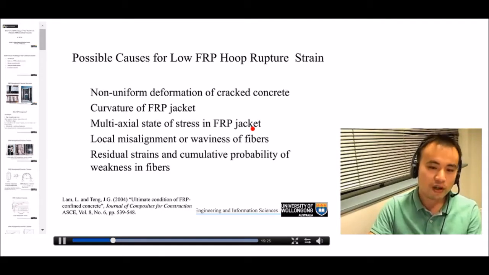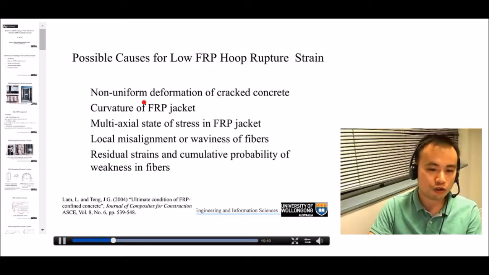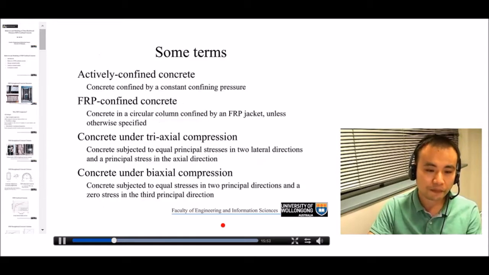We know that in the material test, FRP is under one-dimensional loading only, but in an FRP-confined concrete column, the FRP is under hoop tension plus axial compression. So this may affect the rupture strain. Other possible reasons include the local misalignment of fibers, residual strains, and the probability of weakness in the fibers themselves.